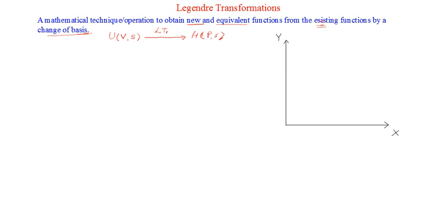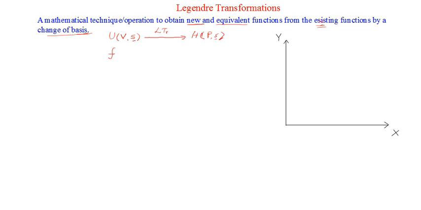You can see here it's a multivariable function. I can say that it's a two-variable function, right? In this special transformation, one of the variables has been kept the same. S has been maintained as the same. So let me write it in the language of mathematics. I'm converting a function.